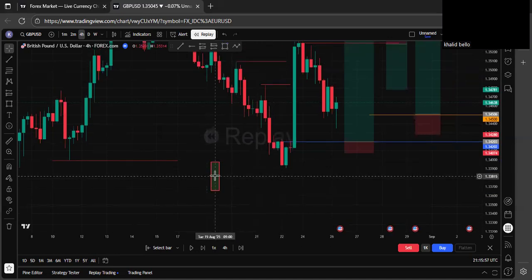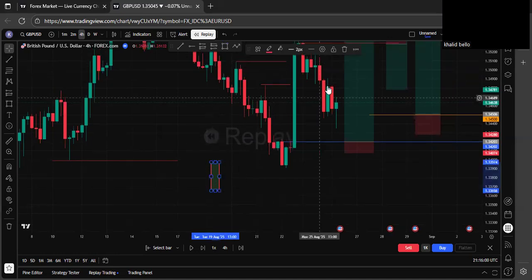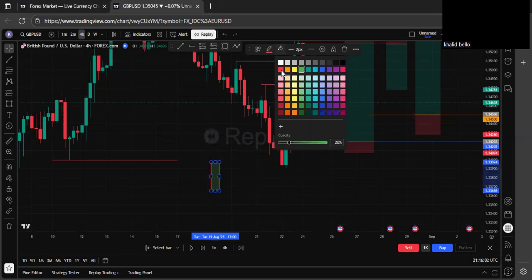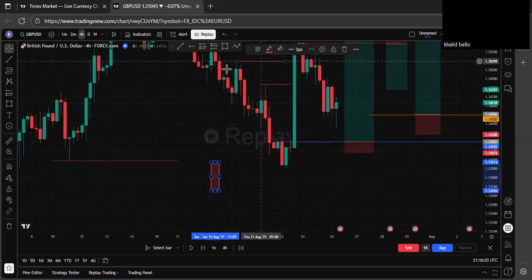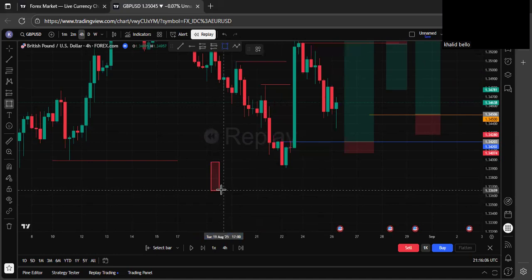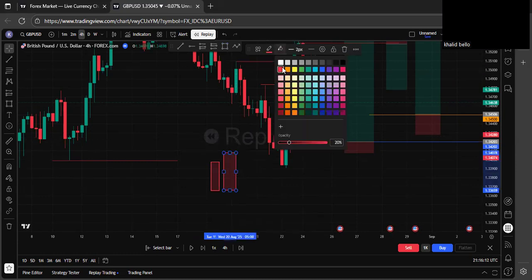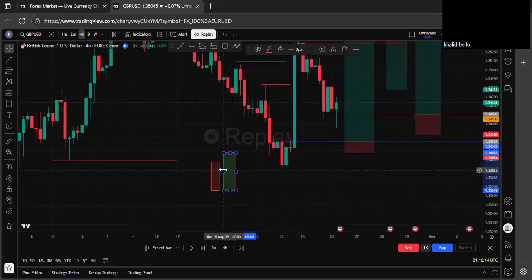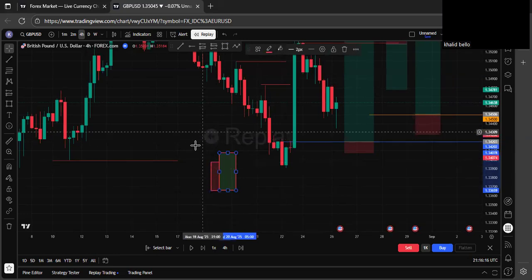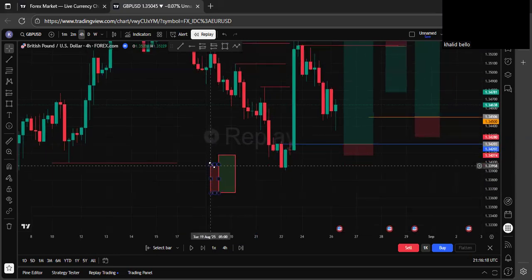Assuming we have a red candle here, since we are looking for a buy scenario, then another bullish candle came and did like this. This should be a green candle, bullish candle. So now this specific point where this red candle opened, this line here, because definitely before the red candle goes to close, a green candle must close here.